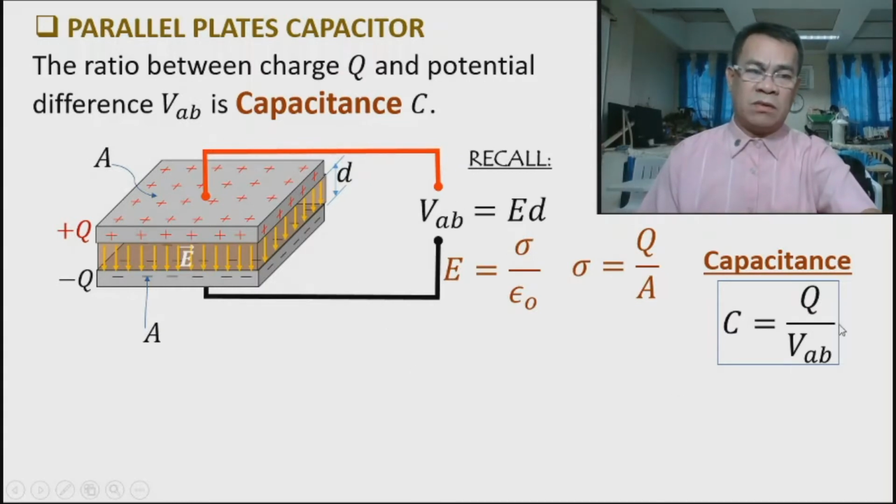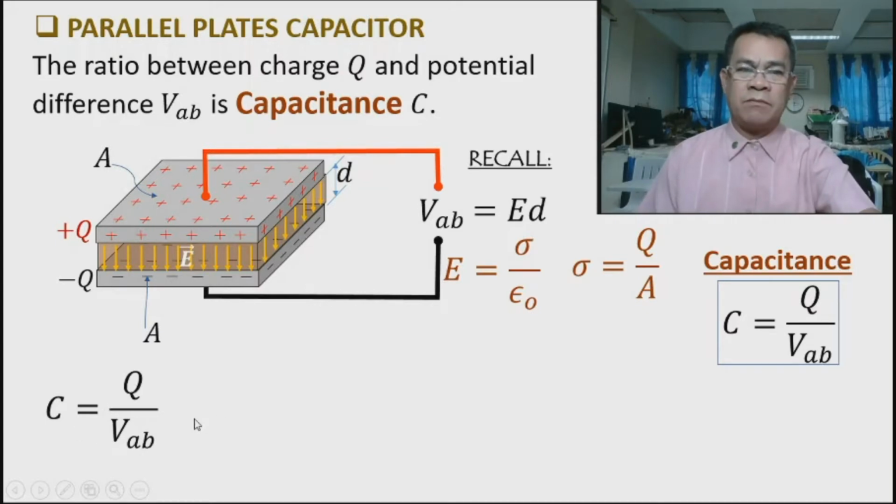Okay? So, going back to this definition, if you divide the charge by the potential difference, the answer is capacitance. Now, take note that because this is parallel plates, we can substitute the potential difference with this value. Meaning, replace this with electric field times d, and it becomes Q over Ed.